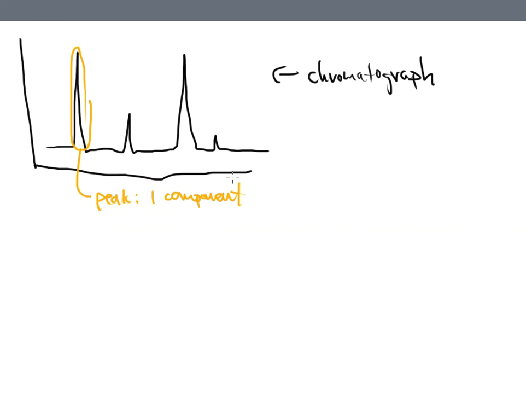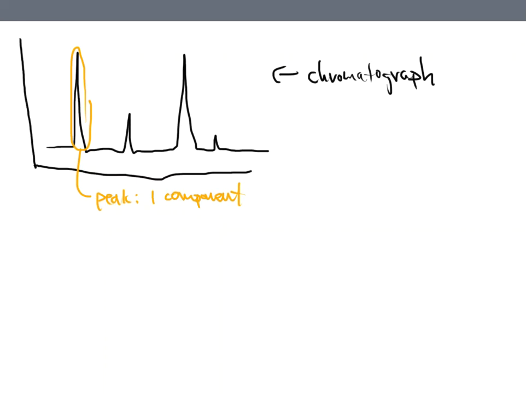But we're taking it with a grain of salt. We're getting too complicated. We're getting two steps ahead of ourselves. Each component represents each peak. So in this chromatograph, I have four peaks, which means I have four components in my sample that I have analyzed in the laboratory. All right?